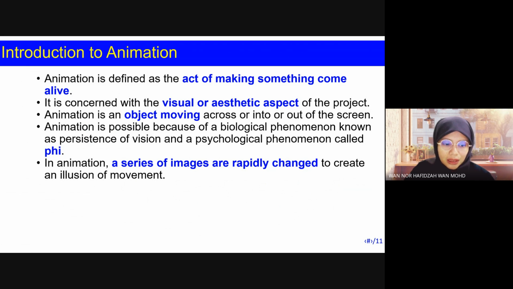Since animation is a visual medium, it is very much about how things look. So we need to really take care of the colors, style, design, and how the object moves on the screen. This is what we call the aesthetic aspect.